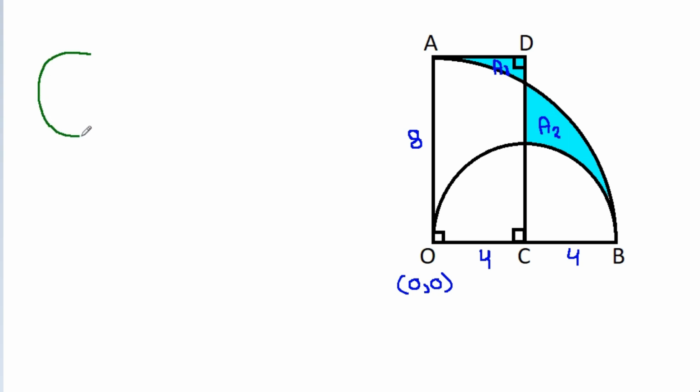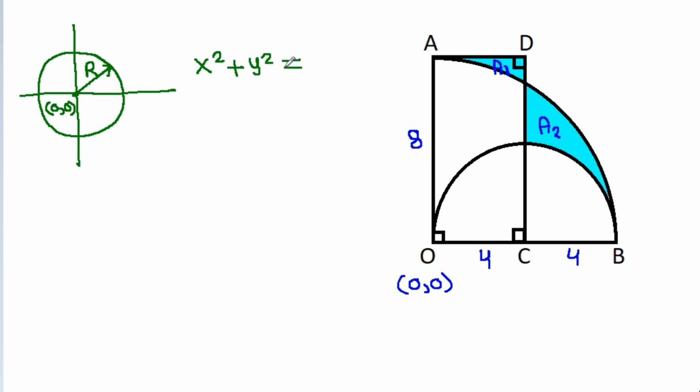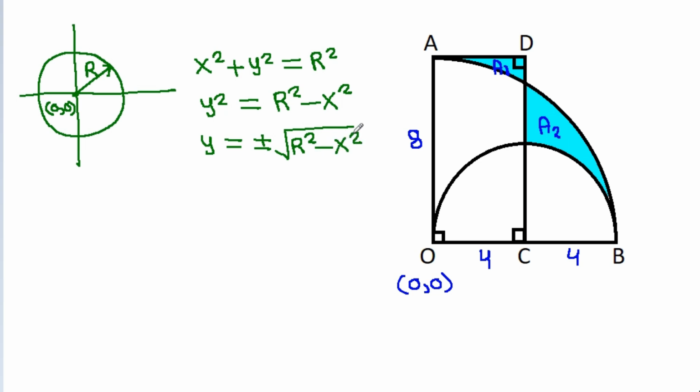In any circle, if the center is 0, 0 and the radius is r, then the equation of the circle is x square plus y square is equal to r square. So y square will be equal to r square minus x square, and y will be equal to plus or minus square root of r square minus x square.